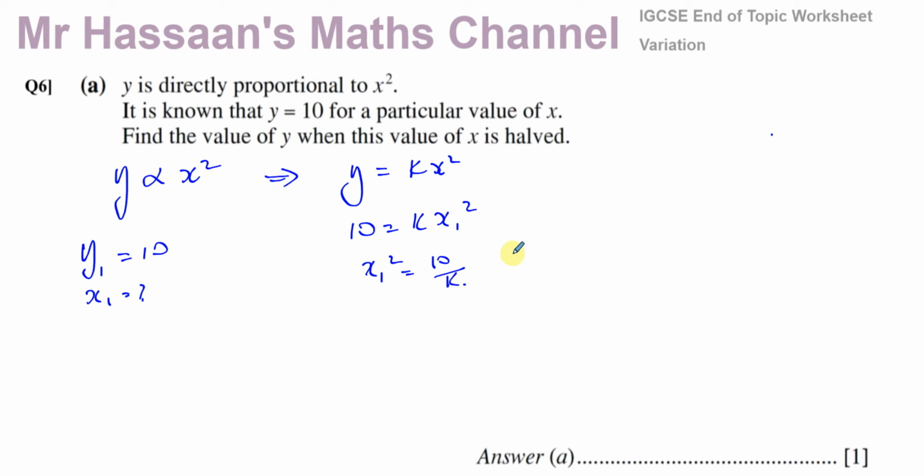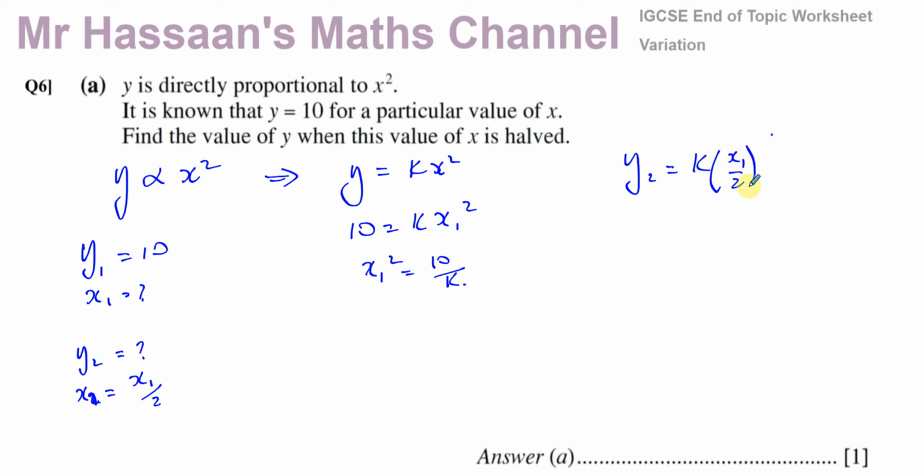And then we can say, for example, y2, this is what we want to find, when x is equal to half of what it was before. So x2 is half of x1, so x1 over 2. Then y2 is equal to k times x1 over 2 squared, because y equals kx squared. k is constant in this whole thing.